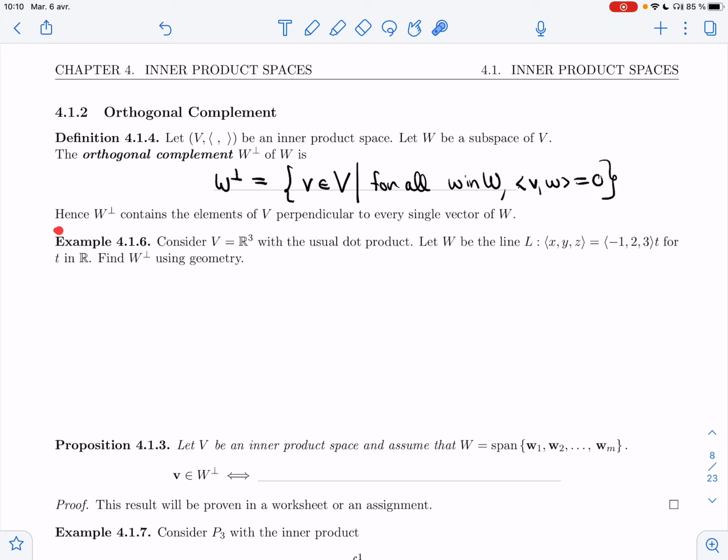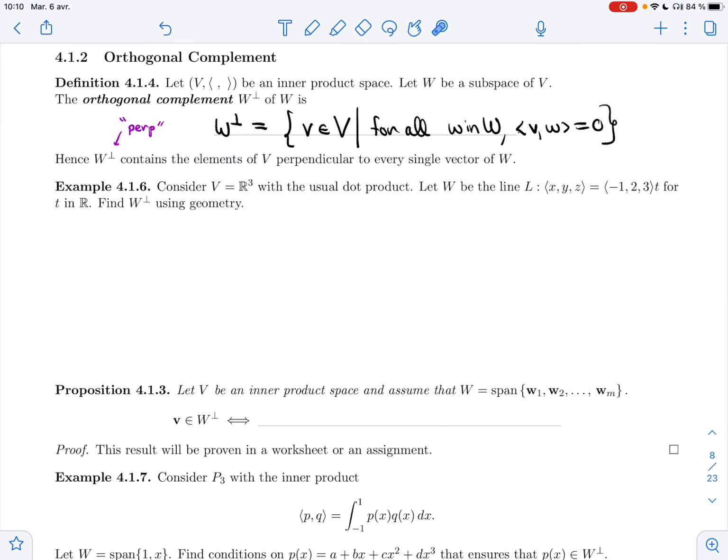All right, so W perp contains the elements of V perpendicular to every single vector of W. So I'll call it W perp, perp as in perpendicular.